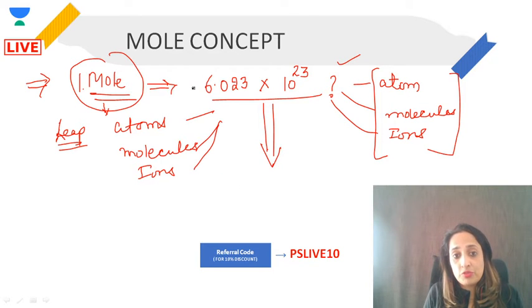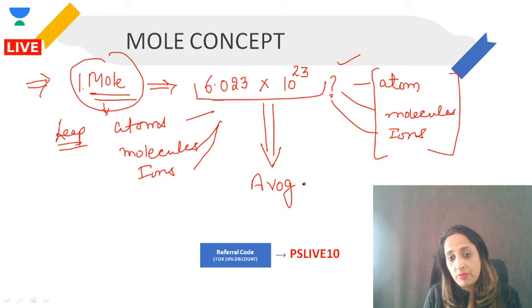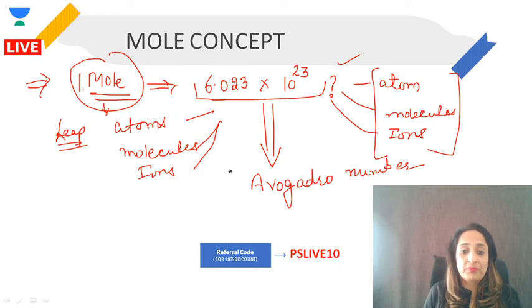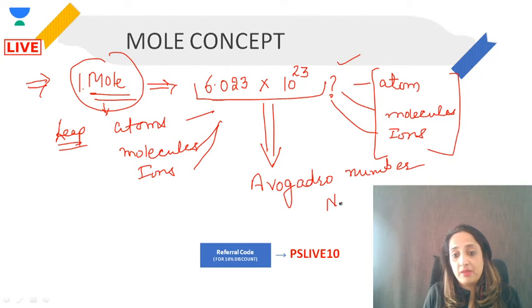And what do we call this number? We call it Avogadro's number, and it is represented by N naught. So N naught is Avogadro's number, and here is the value for the same.